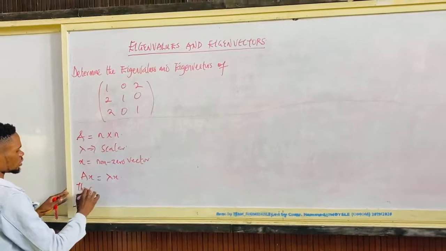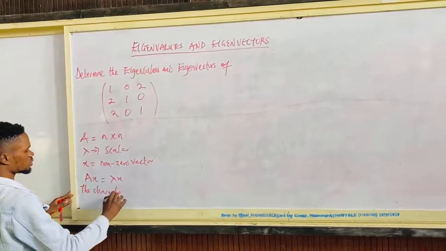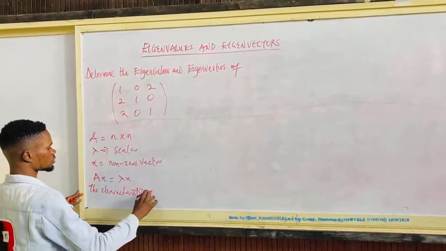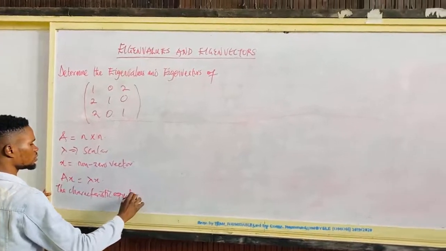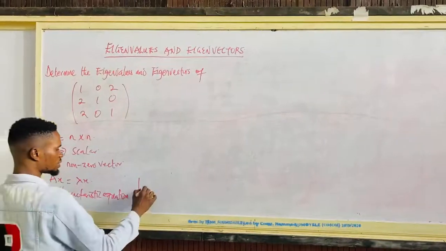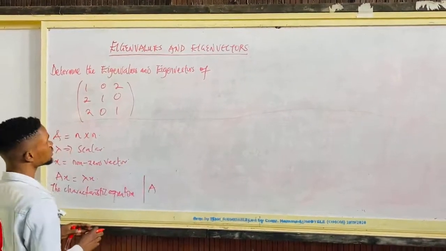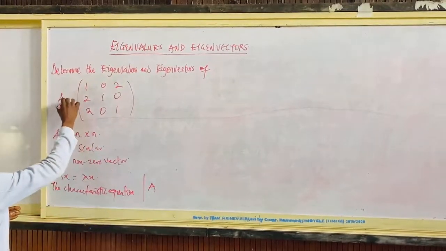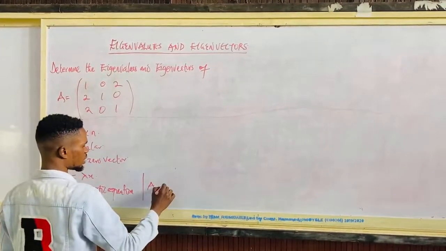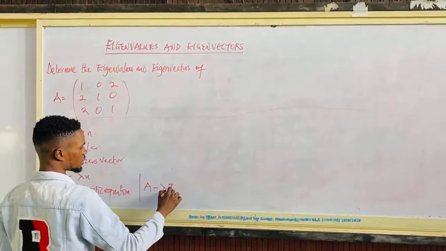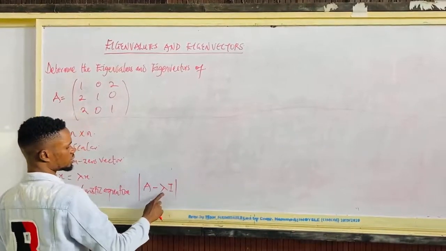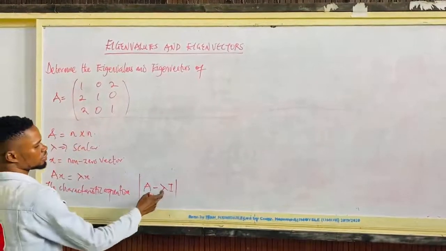The characteristic equation is the determinant of the matrix given to us, matrix A. Let's say this is matrix A, any matrix, that's A minus lambda I. This lambda is what? The scalar.